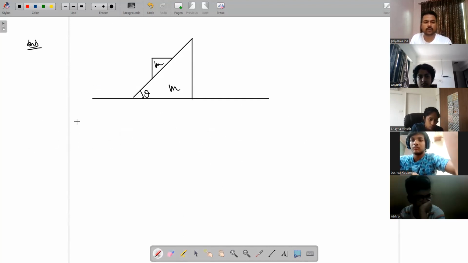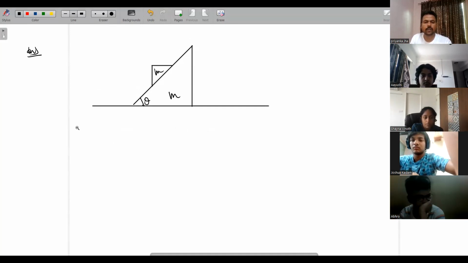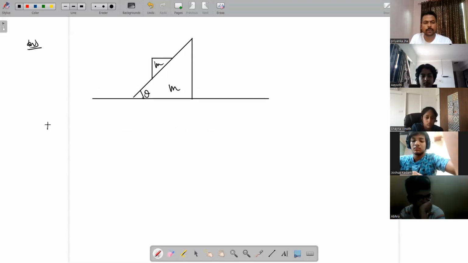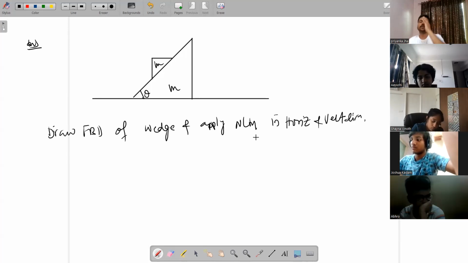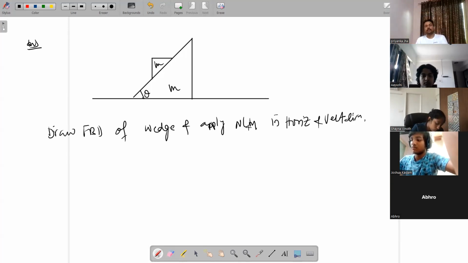First we'll draw a FBD of the wedge and apply Newton's law of motion in the horizontal and vertical direction.